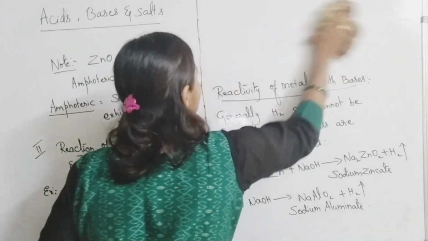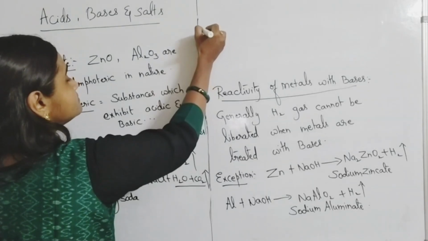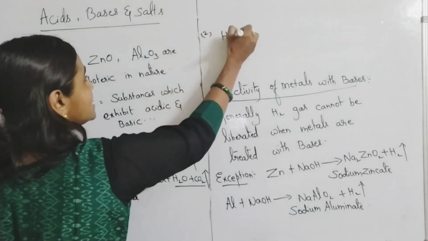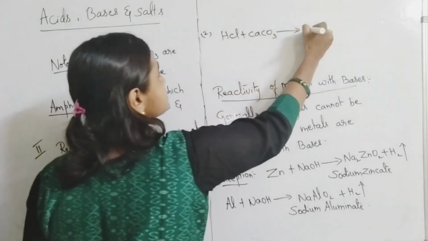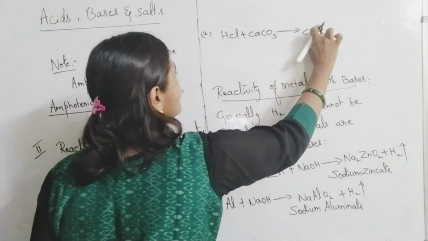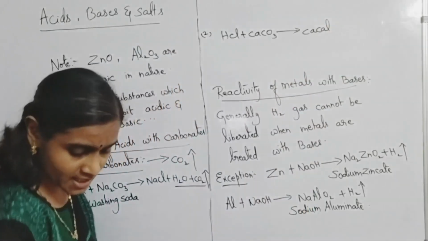You can take CaCO3, limestone. So second example: HCl plus CaCO3 gives rise to CaCl2 plus CO2 plus H2O.